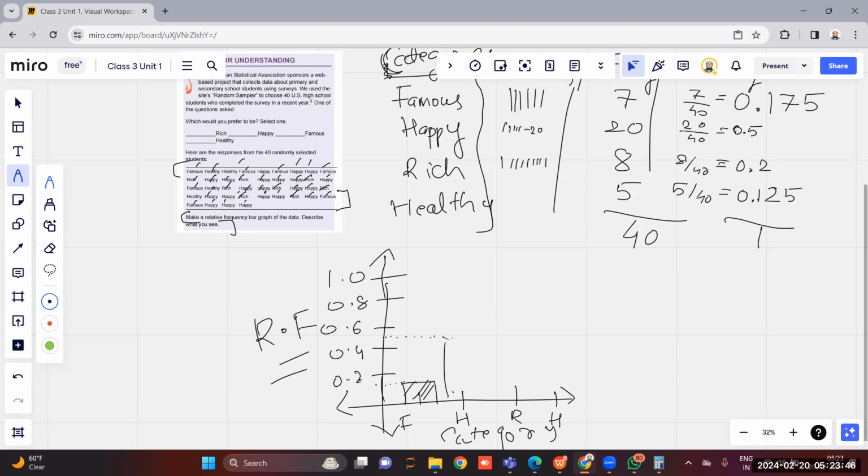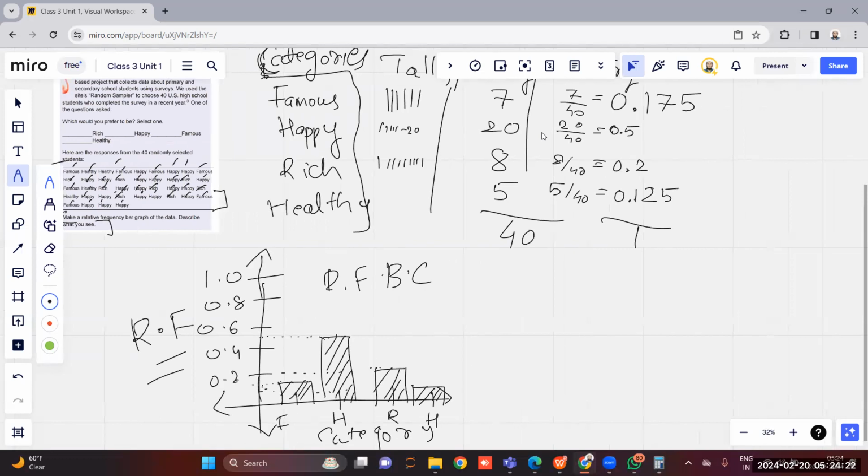I'll draw the graph and color the bars. Now for rich it is 0.2, exactly here. Now healthy is 0.125, so it will be exactly half of this and above it, smaller than this. So this is the relative frequency bar chart.